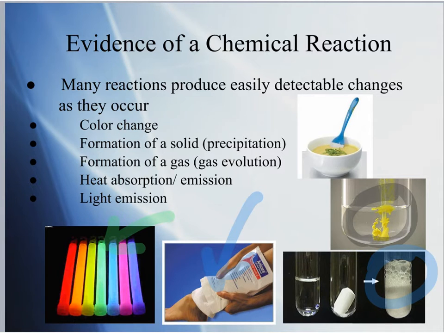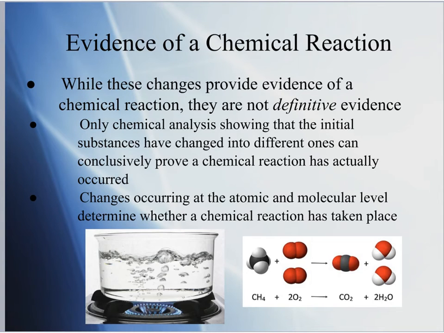All right, we do need to be careful sometimes in figuring out if a chemical reaction occurs, because some of these changes are also evident of physical changes and not necessarily chemical changes. So some of these are not definitive pieces of evidence.